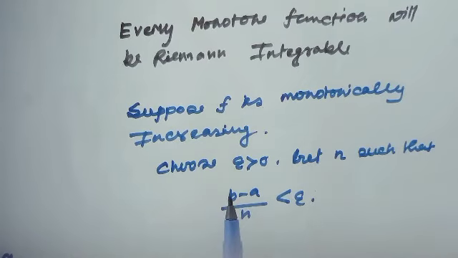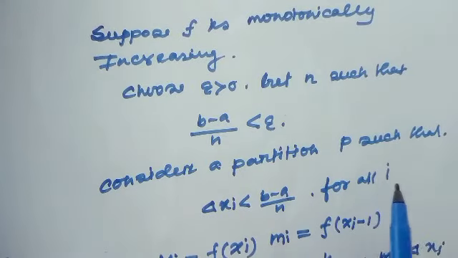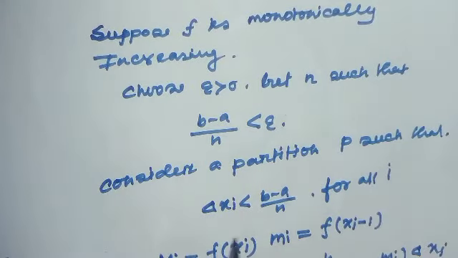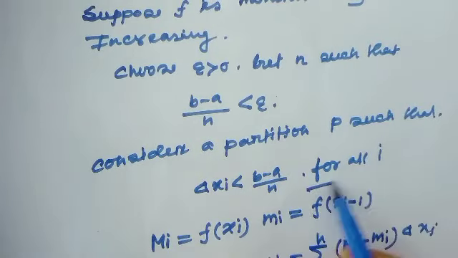So, at first choose an arbitrary epsilon greater than 0, then get n such that (b minus a) over n is less than epsilon. Now consider a partition P such that delta xi is less than (b minus a) over n, and this is true for all i.